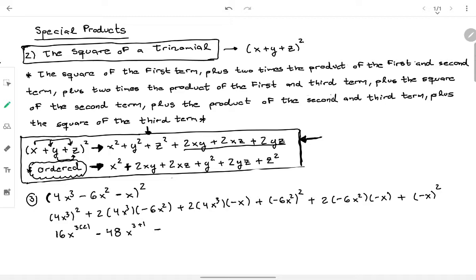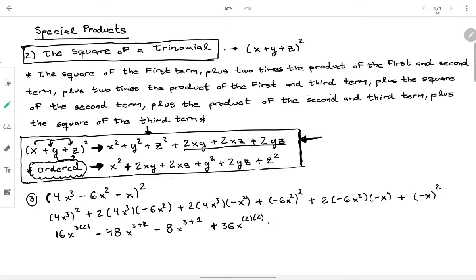The next one is going to be minus 8. It's going to be x, here it's number 2, I'm sorry. It's going to be x cubed plus 1. And the next one is going to be plus, because remember, negative by negative, it's plus 36x, and it's going to be 2 times 2.